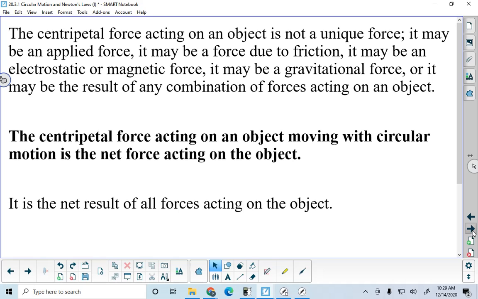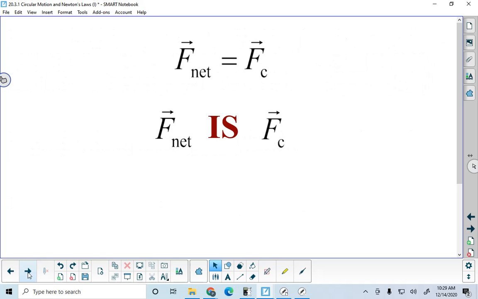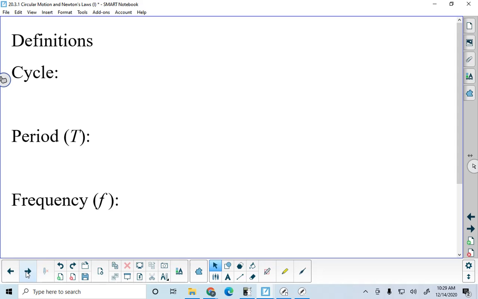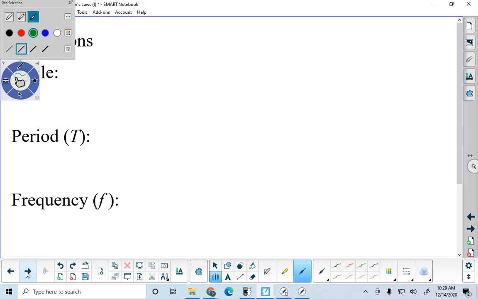So now we're going to be doing some calculations. You will need your calculator out. I guess we got to do definitions first. 3 definitions: cycle, period, and frequency. Cycle is one complete orbit, or one complete revolution.